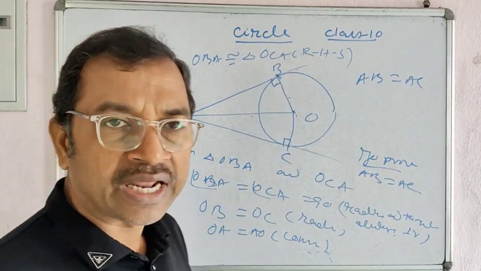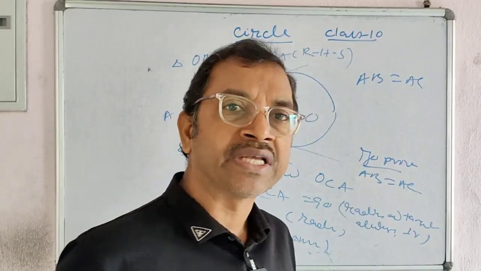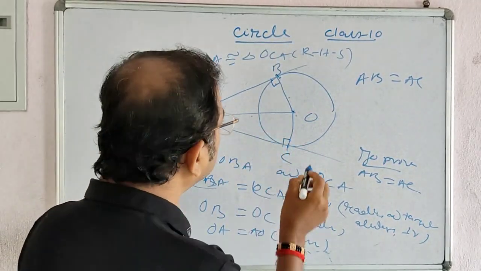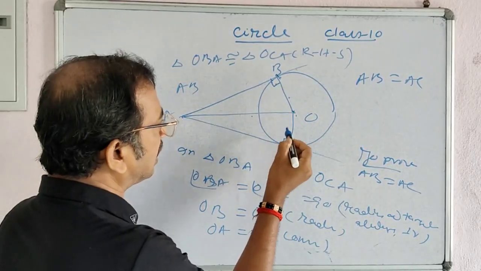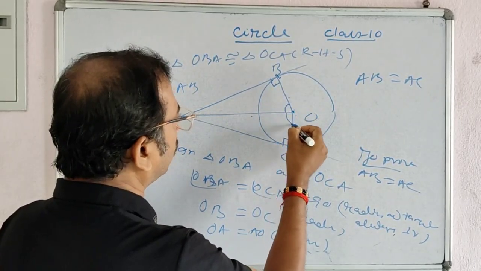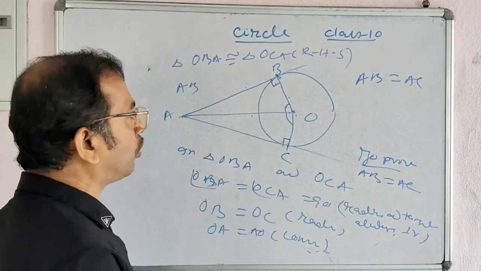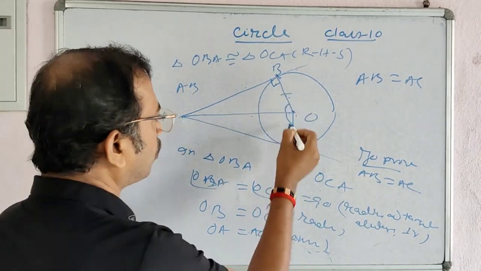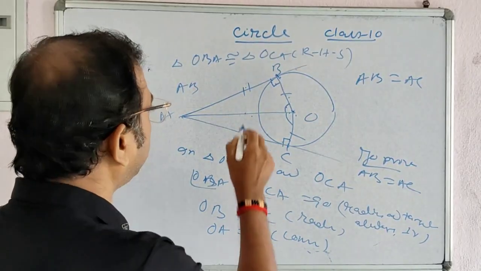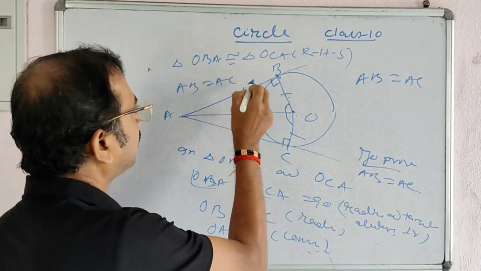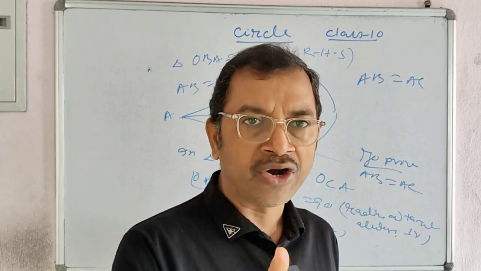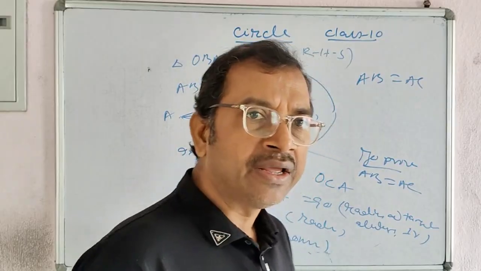So when two triangles are congruent their corresponding parts are equal, so that AB, how do you know corresponding? See this angle 90, this angle 90. So देखिए, this angle equal to this angle, its facing side always equal. This is the common side, remaining side also equal, so AB equal to AC by CPCT. So from external point we can draw two tangents, their lengths are equal.